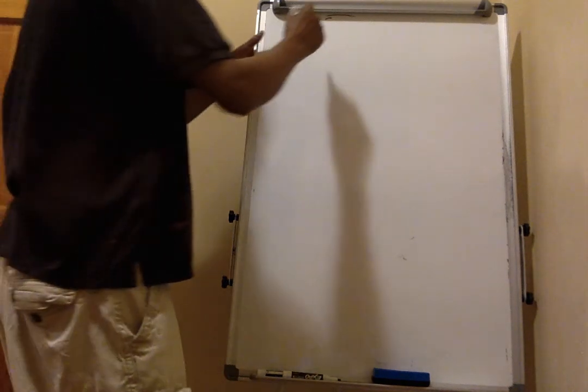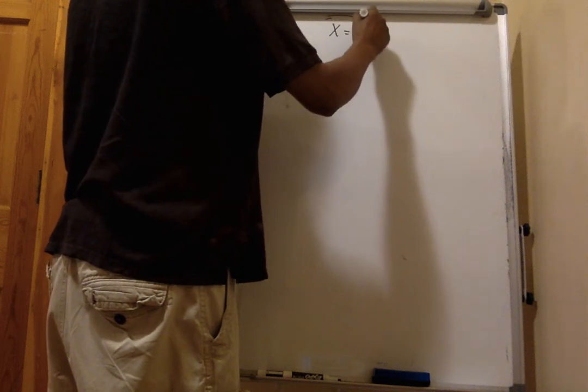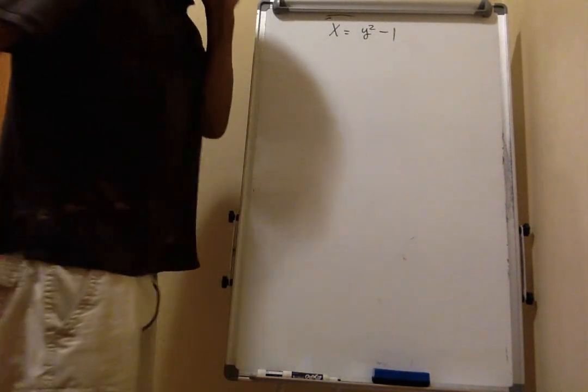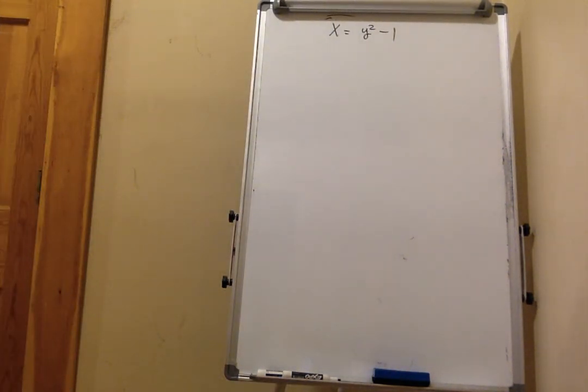So let me use an equation as an example. Suppose you have x is equal to y squared minus 1, and you are asked to test for symmetry, meaning you are going to find out whether this is symmetric with respect to the y-axis, the x-axis, or the origin.